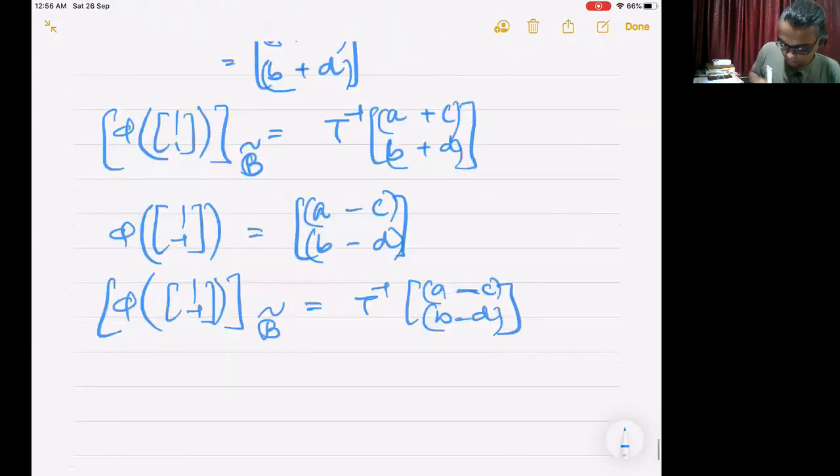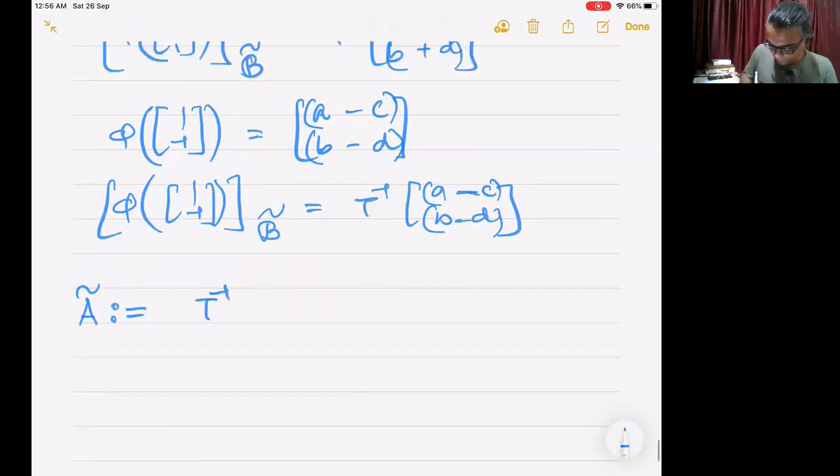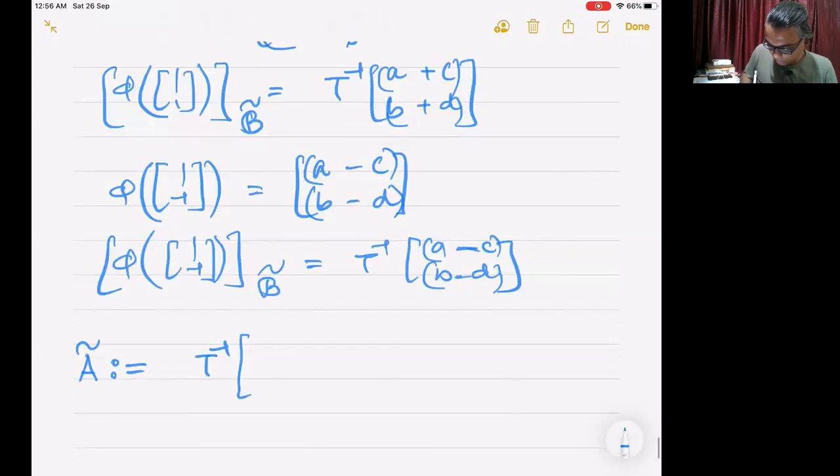So A tilde then must be T inverse times (A plus C, B plus D). Yes, this is the first column. The second column is T inverse times (A minus C, B minus D).